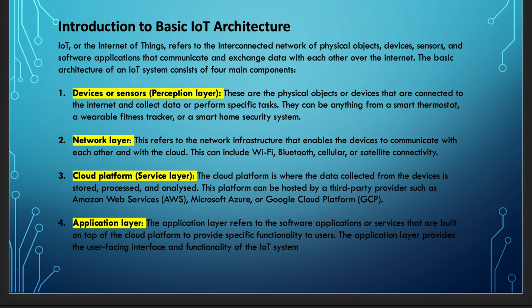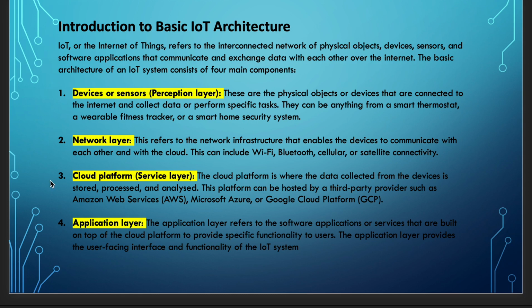Then we talked about the architecture, and in the architecture itself we talked about the four main parts which build an IoT system: devices and sensors at the perception layer, the network layer, cloud platform layer, and application layer. In this IoT study, we are mainly concerned about the first two, right?